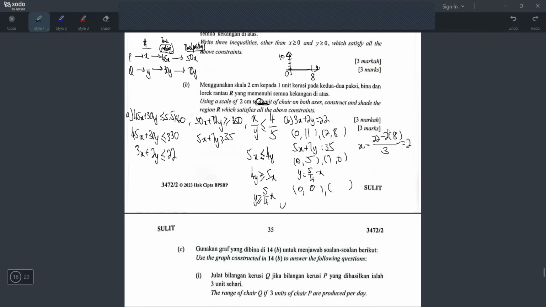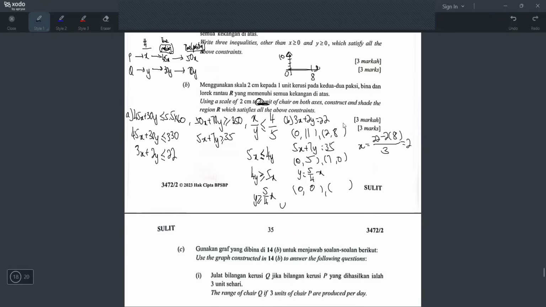I think you have to maybe put like, oh, maybe put 3. Put 3 is good, because if you put 3, 3 times 2 is 6. And then 22 minus 6 is 16. But 16 cannot divide 3, right?